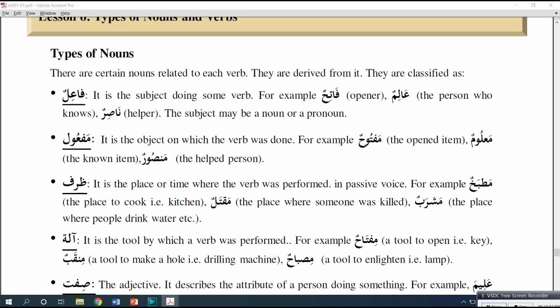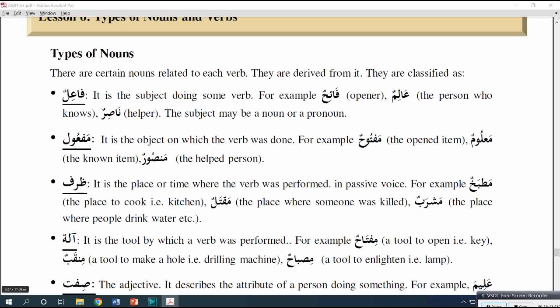Ala is the tool by which a verb was performed. For example, miftahun. Miftah means a tool to open, which is a key. For example, minqab. What is minqab? This is a drilling machine, a tool to make a hole.